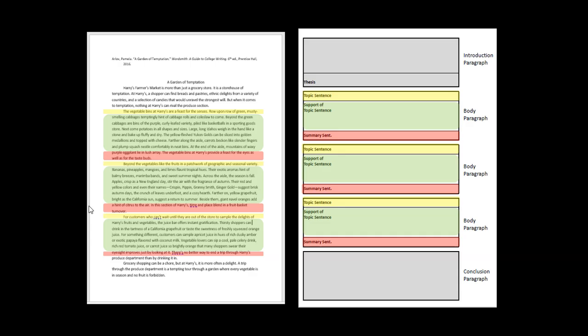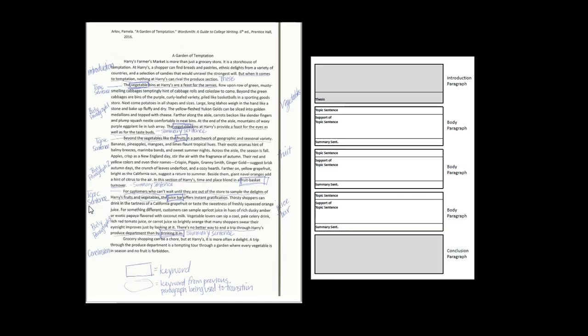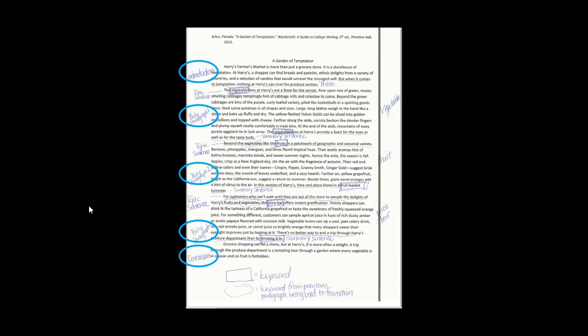And to do that, I start labeling the essay. So I use the essay map, all of those pieces, and I start labeling the pieces of the essay itself. And that helps me see how the essay works together and double check to see if it's doing what it's supposed to be doing. The first thing that I label is what the paragraphs themselves are doing.